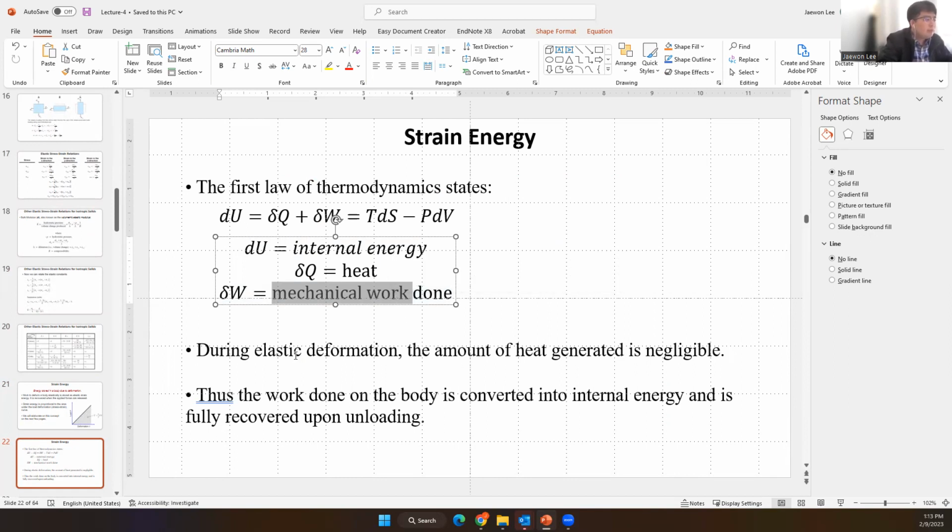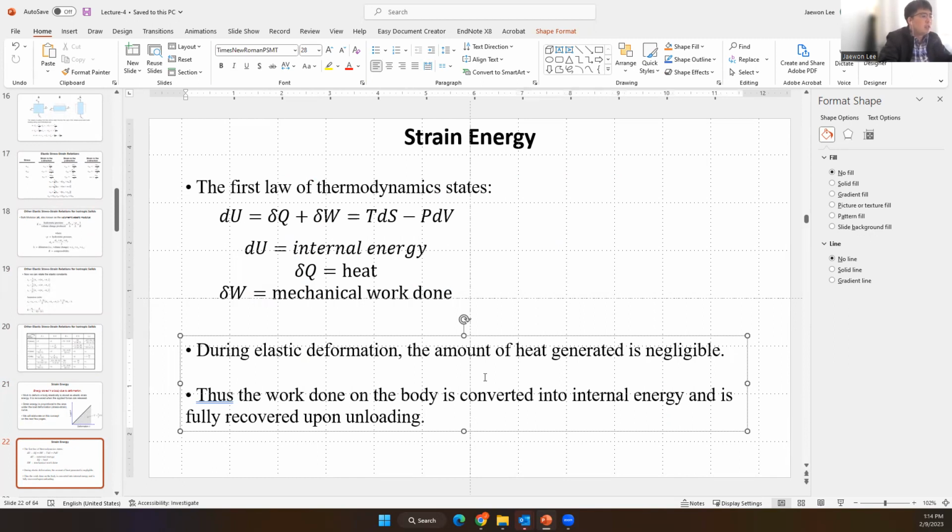But we didn't think about the heat, because the generated heat could be negligible. So we can disregard the heat terms and just focus on the mechanical work form.